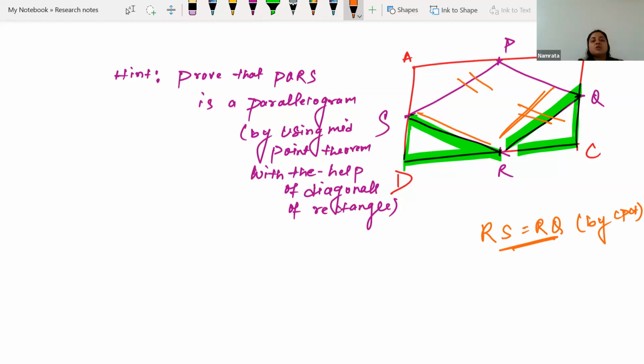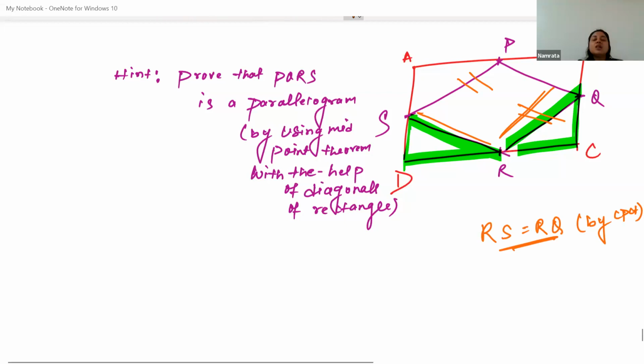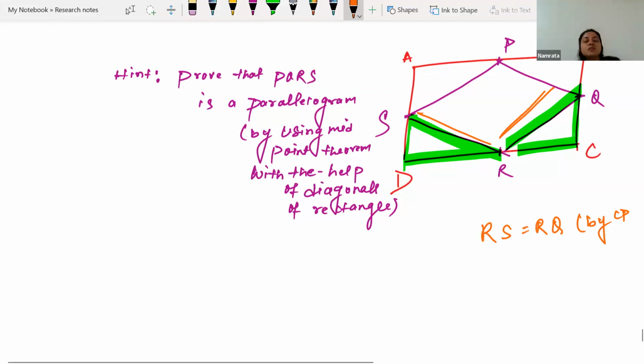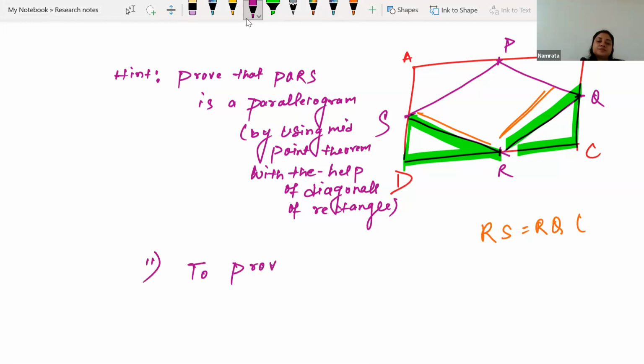So the next part of the hint, you just note it down. The next part of the hint is to prove that triangle SRD is congruent with triangle QCR. While proving the congruency of these two triangles, you need to use the midpoint.